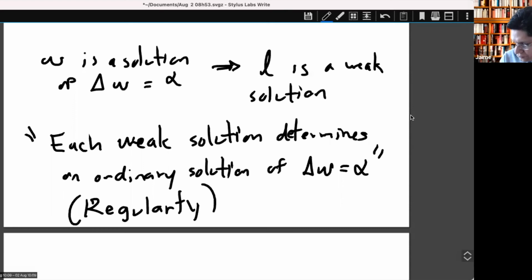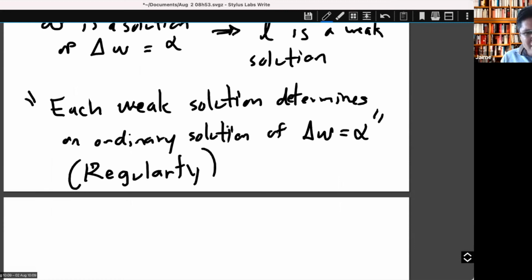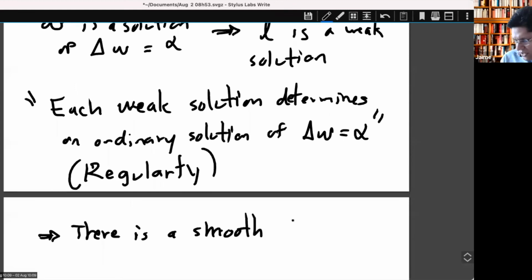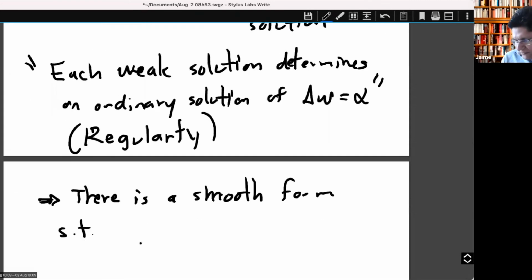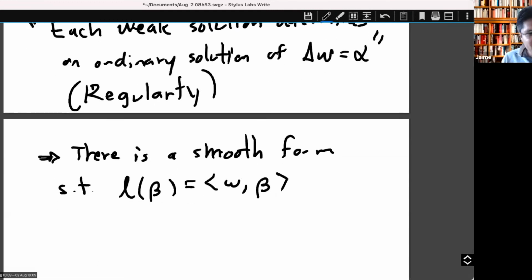But what I mean by this is that when this happens, there is a smooth form such that that weak solution we have is like this. And then how do we solve it? Suppose we have the weak solution.